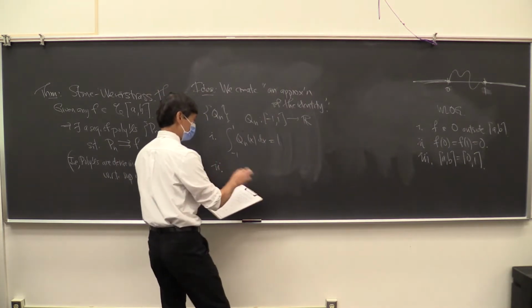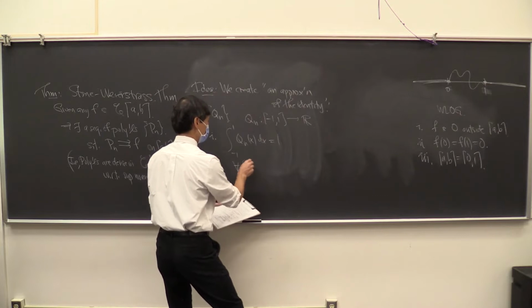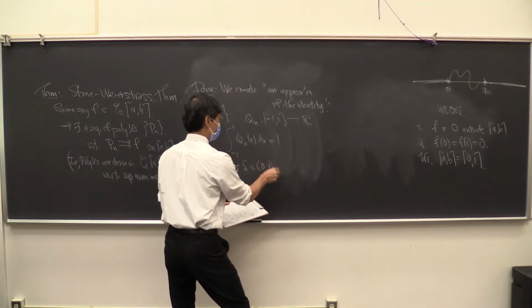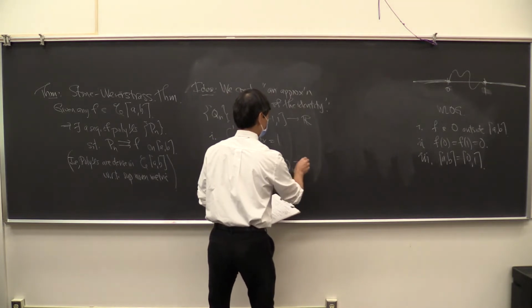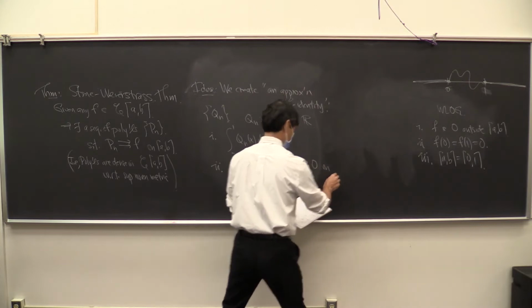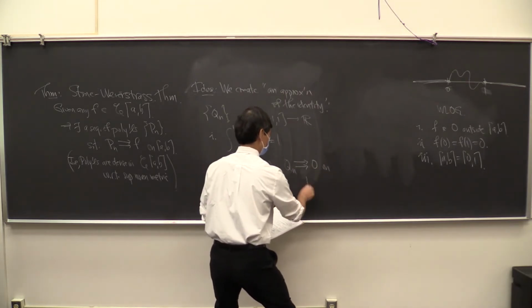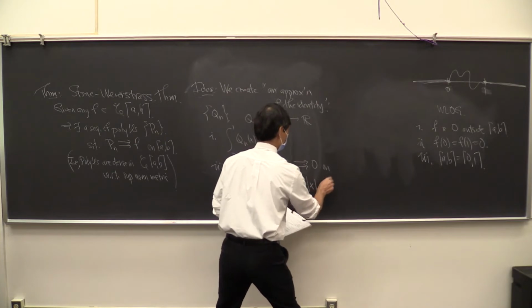And they have the following property: given any delta in 0, 1, Q sub n converges to 0 uniformly on the set where the absolute value of x is bigger than delta.